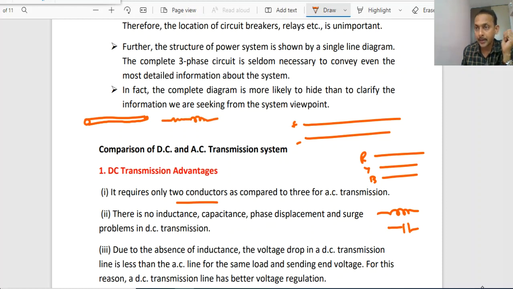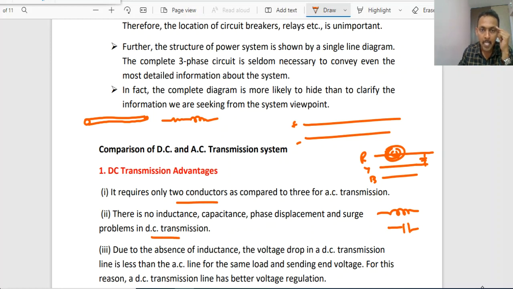And again, between two lines, because of current flowing and the flux established around the conductors, and the insulating material between the two conductors acting like a dielectric medium, some capacitance effects can also be observed. Even though physically there won't be a capacitor, a capacitance effect can be observed if it is AC. So there won't be inductance, capacitance or phase displacement problems if it is a DC transmission.